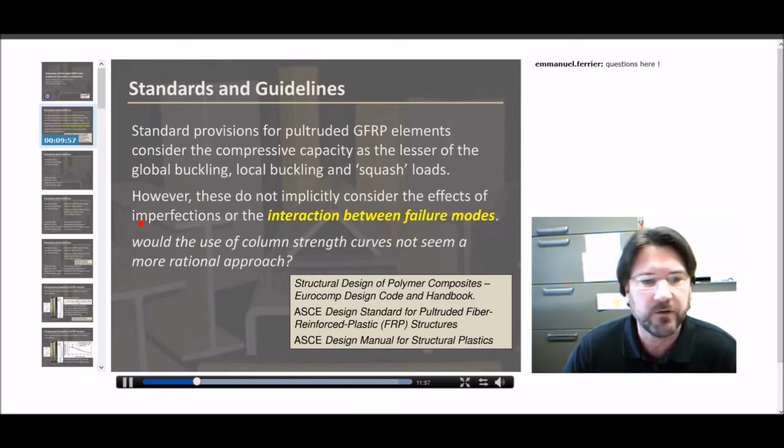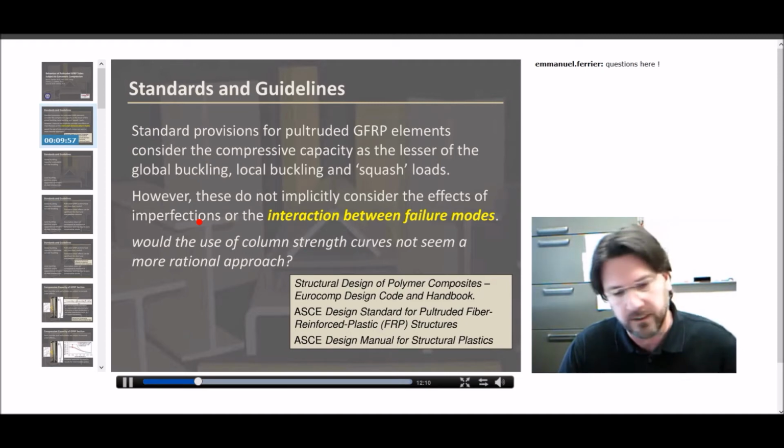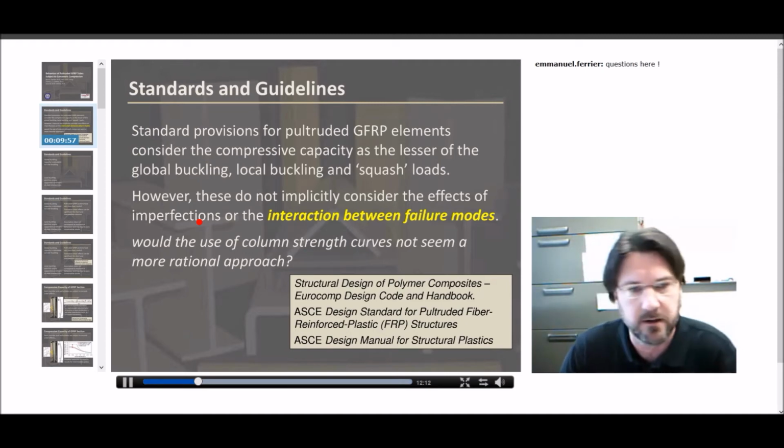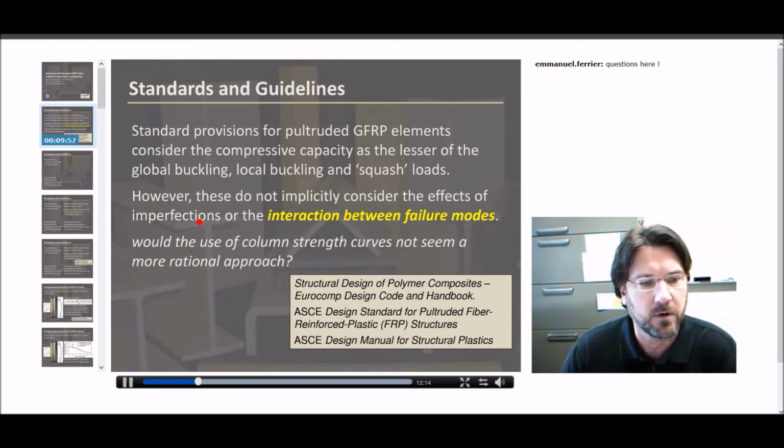We also need to talk about imperfections. When designing steel columns, for instance, the empirical equations and the limits for slenderness that we use include these imperfections based on standard tolerances that we're all comfortable with.